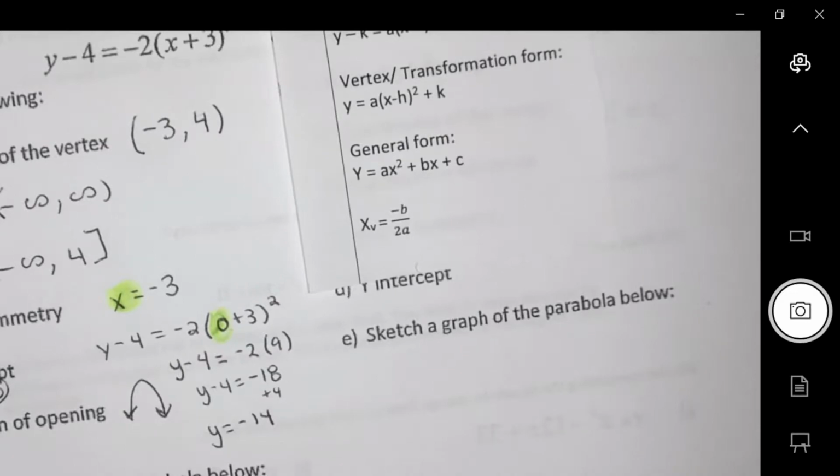Okay, how'd it go? I got a -14. Okay, sketching this. So -3, 1, 2, 3, 4 is your vertex.